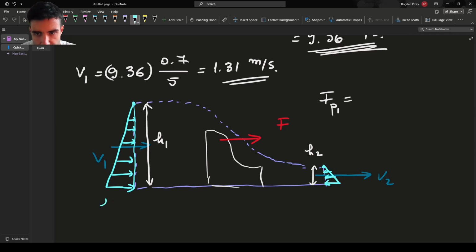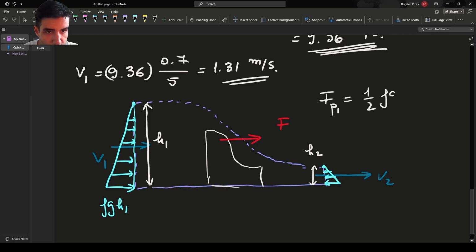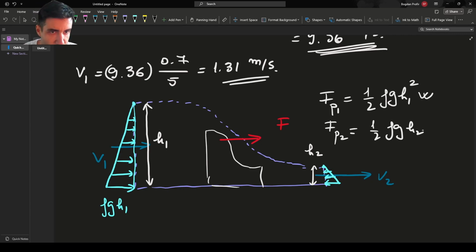So the base is rho g h1, the height is h1. You multiply that by the width, which is into the screen. So that's 1/2 rho g h1 times h1 again, so that's squared, multiplied by the width. And the same happens at the outlet. So this is 1/2 rho g h2 squared times w.